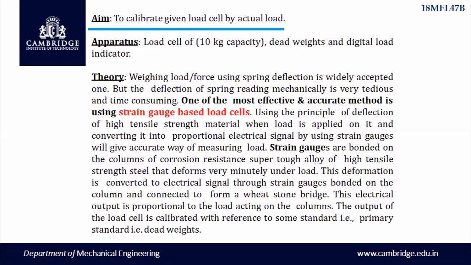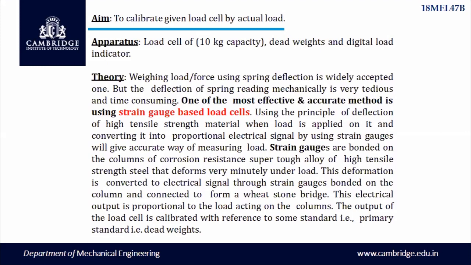Basically, this load cell consists of strain gauges. Whatever deformation the load cell undergoes because of the load added onto it is sensed as a change in strain by the strain gauges.